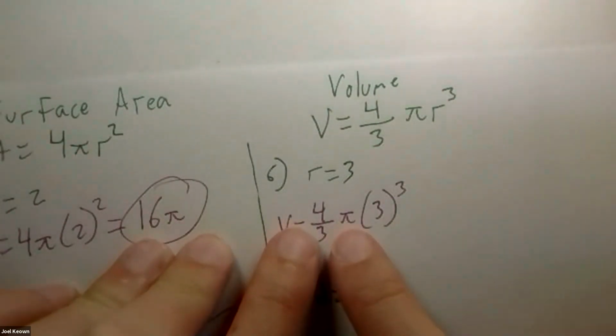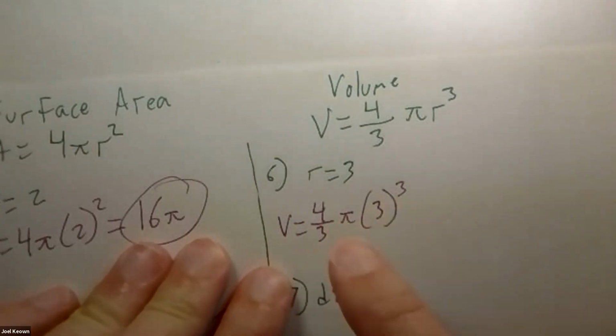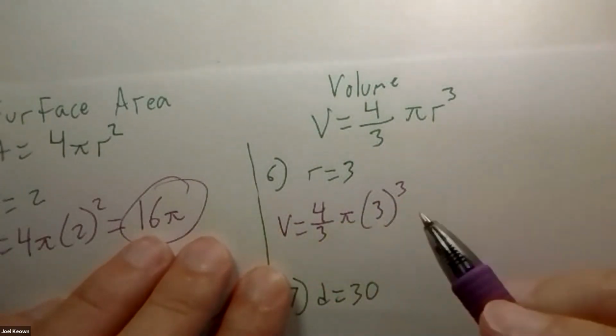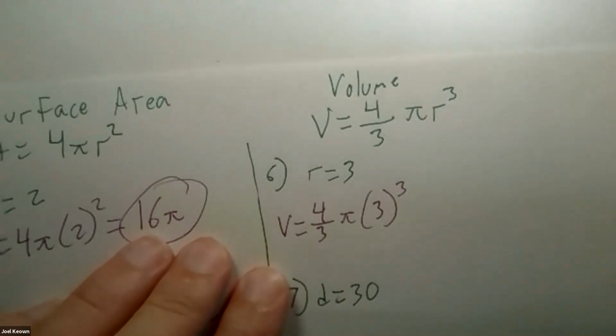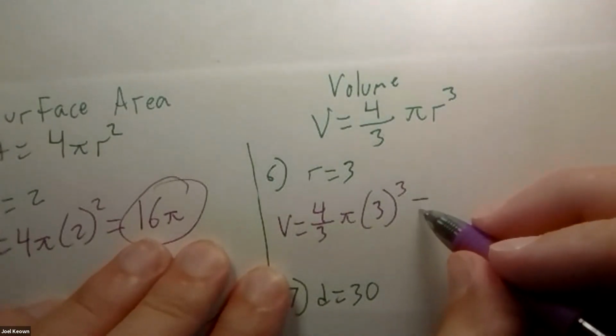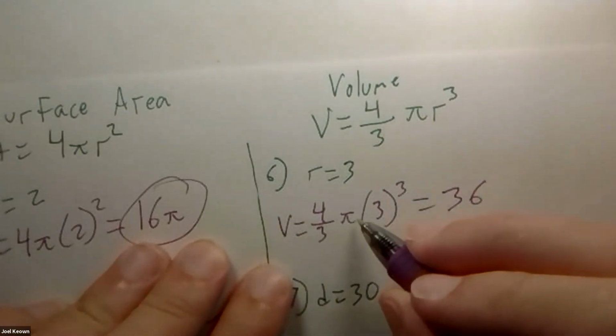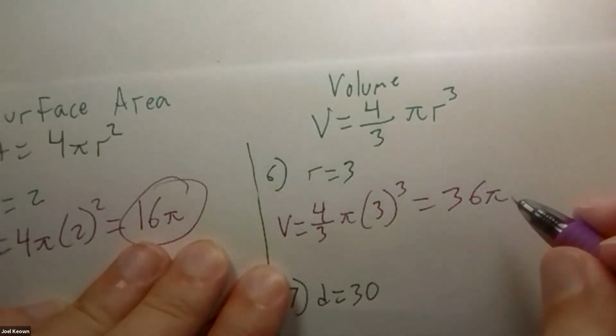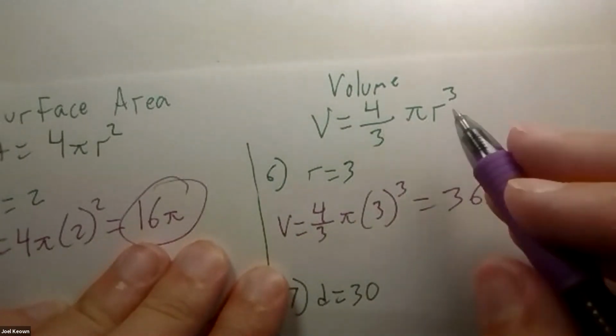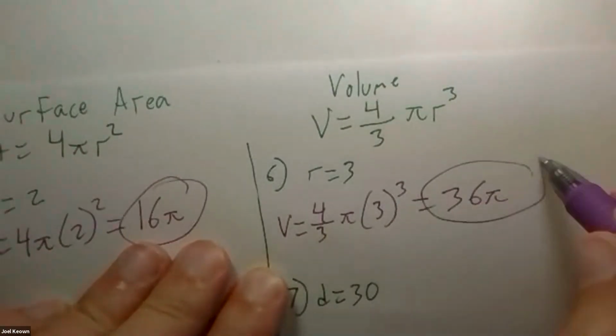I'm going to leave the pi in just like I did the other one. 3 cubed is 27. 27 times 4/3 is 36. So this is 36, and then of course pi. And my units would be cubed because they're volume.